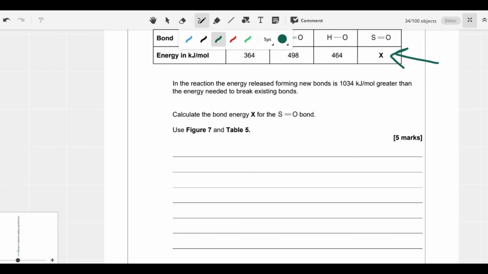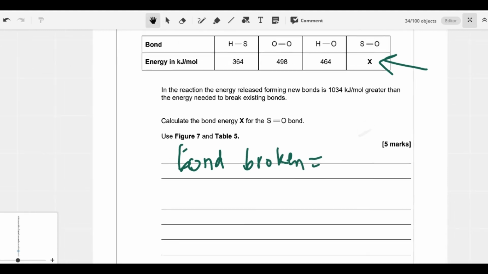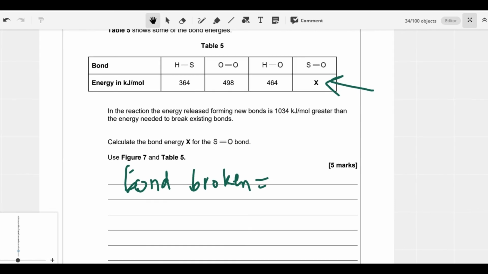So as you know, first you need to find the bond energy broken.